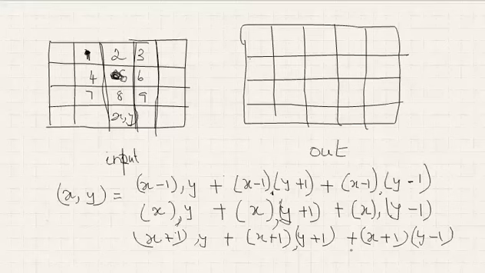Add each one of them, 1, 2, 3, 4, 5, 6, 7, 8, 9. Add all the pixel values surrounding x comma y and divide the whole thing by 9. Okay, we have 9 elements. And that's what goes here.